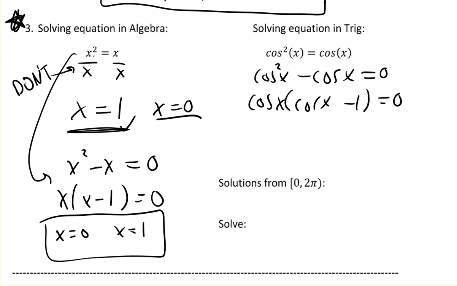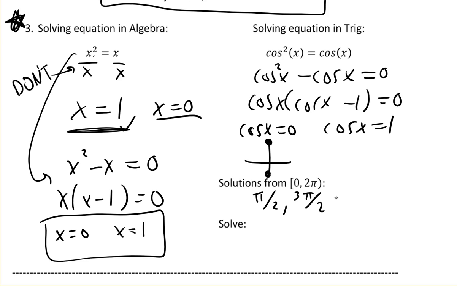I should set this factor equal to 0 and maybe get an answer from that, and set this factor equal to 0 and solve and maybe get an answer from that. So I've really worked the same question twice so far. It's just in the trig part, we didn't have to say, well, where is cosine 0? At pi over 2 and 3 pi over 2. And where's cosine 1?